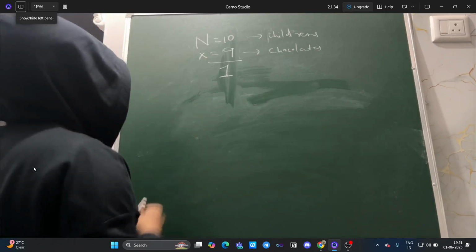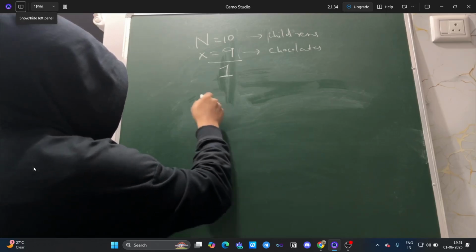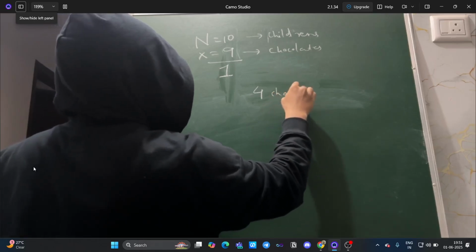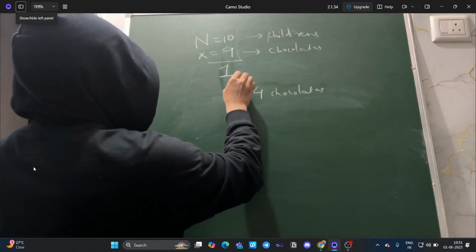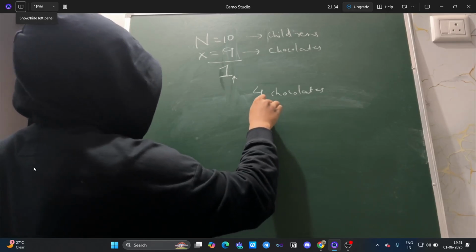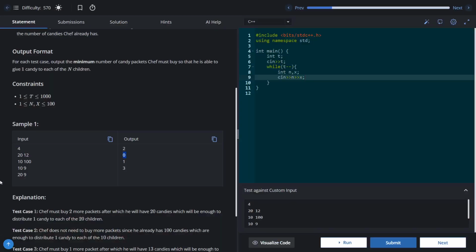Now chef will visit the chocolate shop and purchase one packet and he will get 4 chocolates, so that one chocolate can be given to this child. So he'll require only one packet. So here we have the answer as 1.